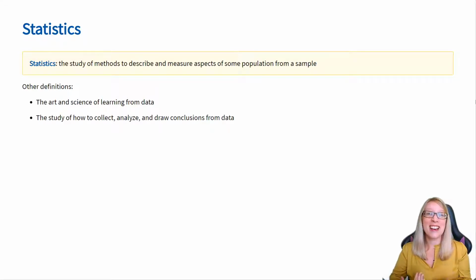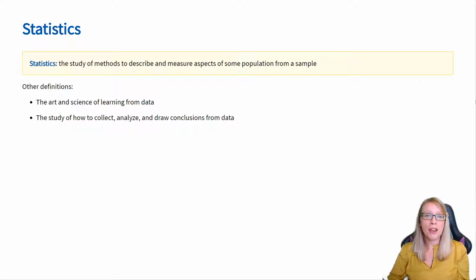Statistics is a science in that there are some procedural steps that we'll want to follow. It's also an art in that there is a lot of subjective judgment in how we choose which procedures to actually use. It's also the study of how to collect, analyze, and draw conclusions from data.